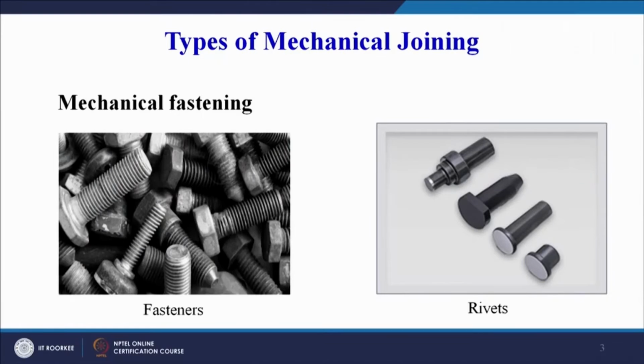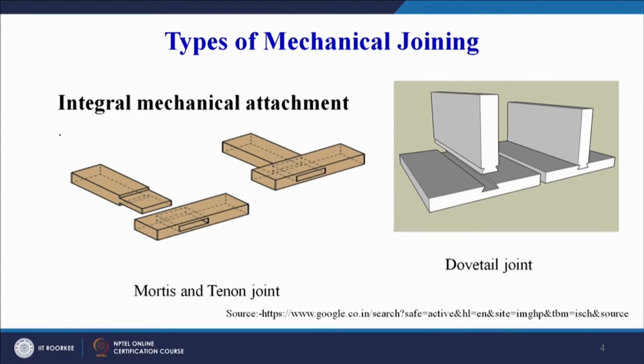Now different types of mechanical joining methods are there, in which we can use mechanical fastening in terms of fasteners or rivets. You can see on your screen, we can use nuts and bolt type of assembly in mechanical fastening, we can use rivets, and then there is an integral mechanical arrangement as I suggested. This is one joint, the mortise and tenon joint.